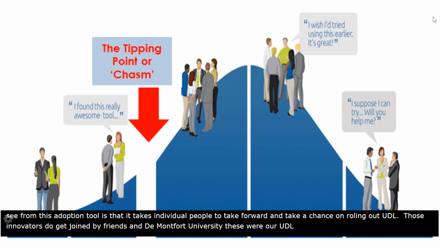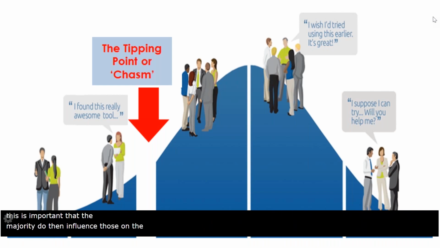And as you can see, this is a large leap, but it is important that the majority do then influence those on the other side of the adoption curve, sometimes called the laggards or the late majority, that will only take up an approach if they see others doing the same.